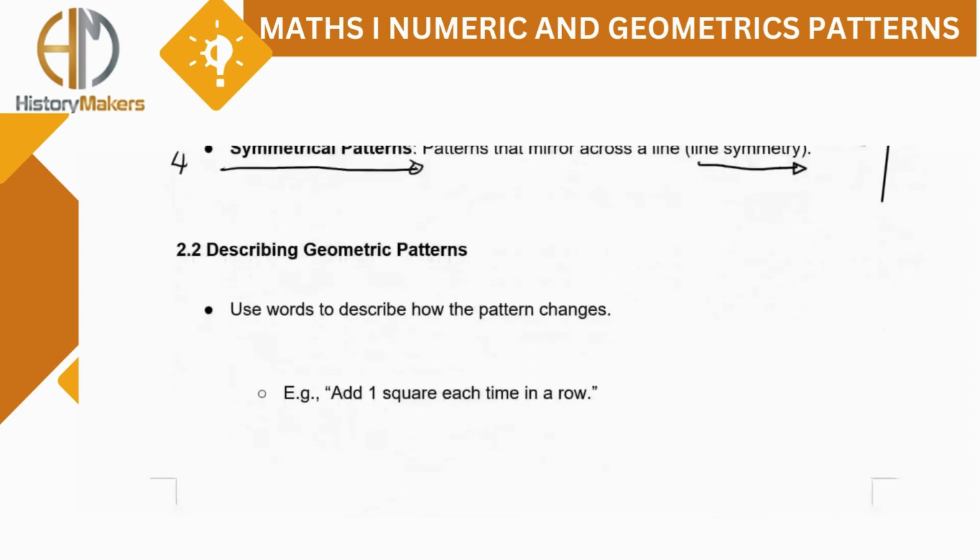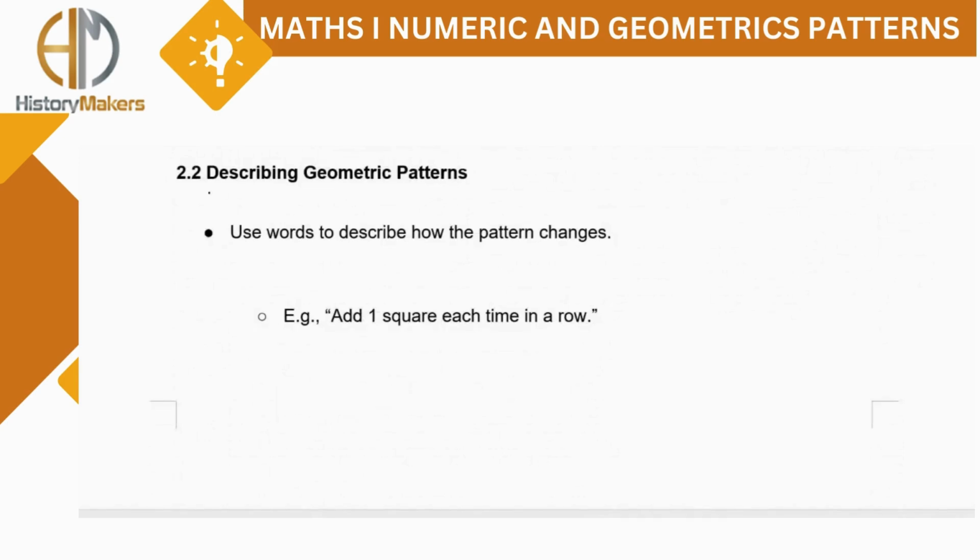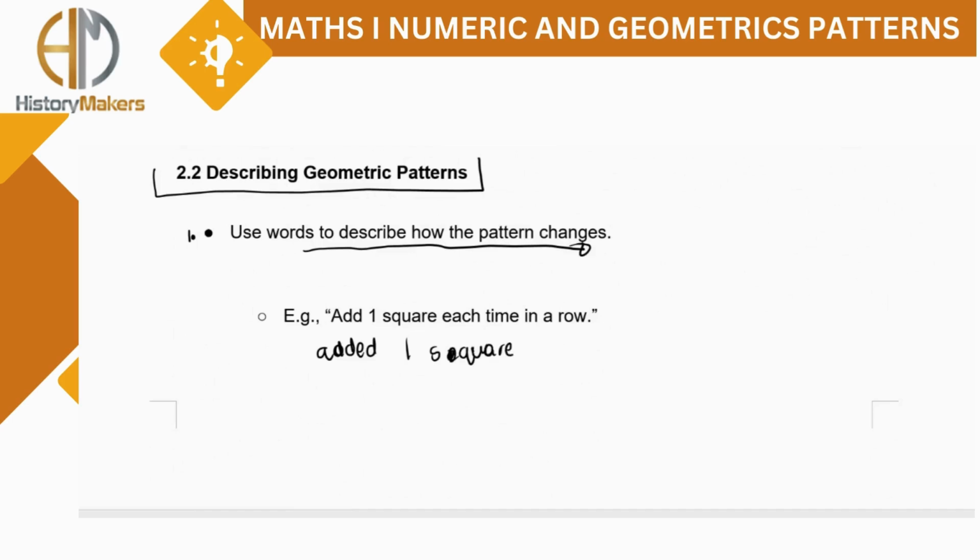Let us move to how we can describe a geometric pattern. Just like an arithmetic pattern, we can use words to describe the pattern, like saying we added one square each time in a row.